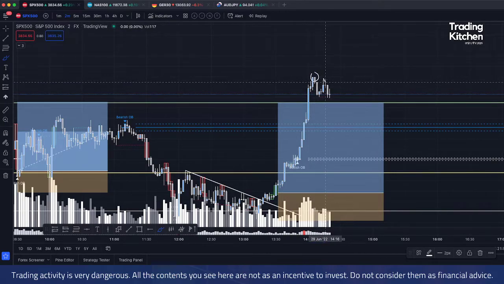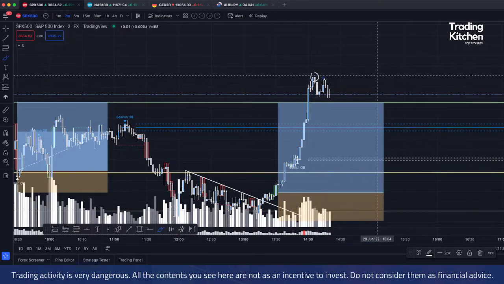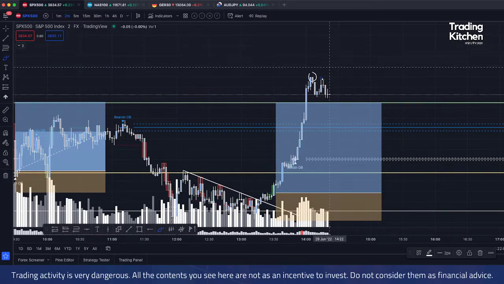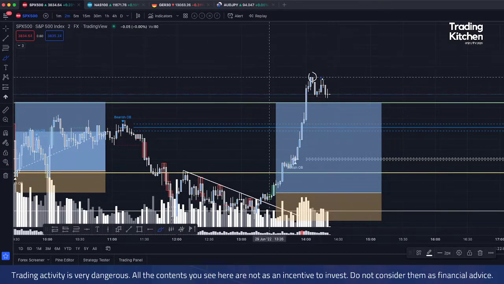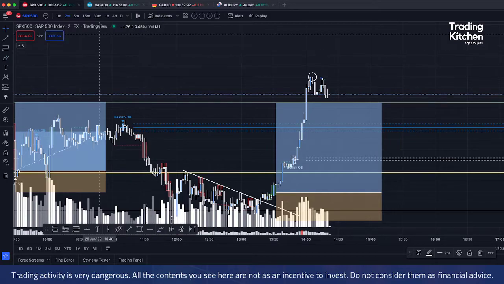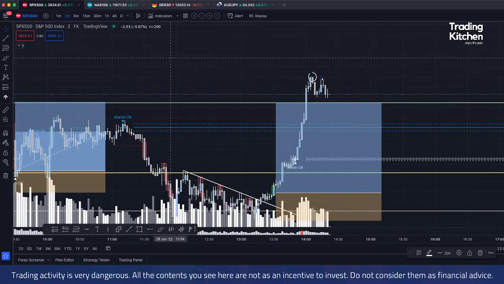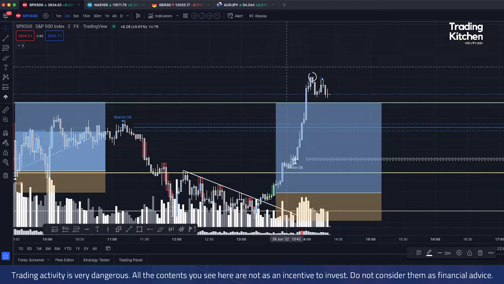Obviously we are inside the 2-minute time frame, so the candlestick patterns are not so powerful, but this is an indication that we must pay attention.